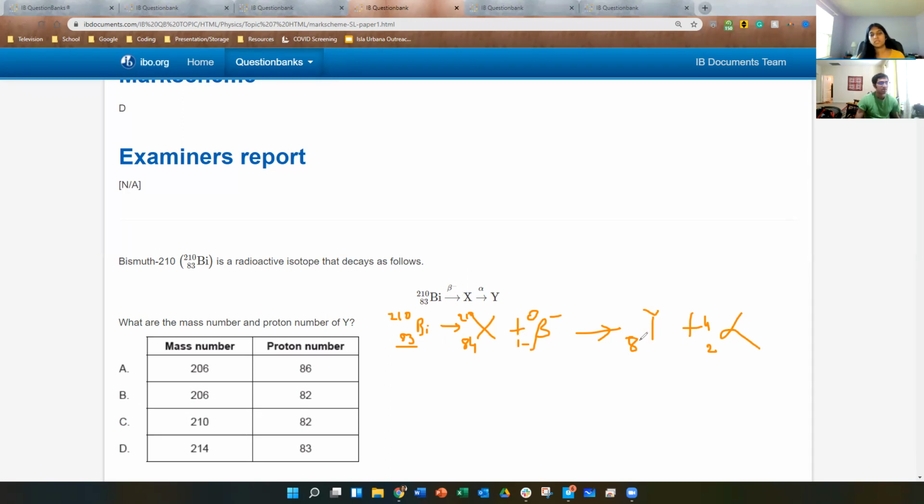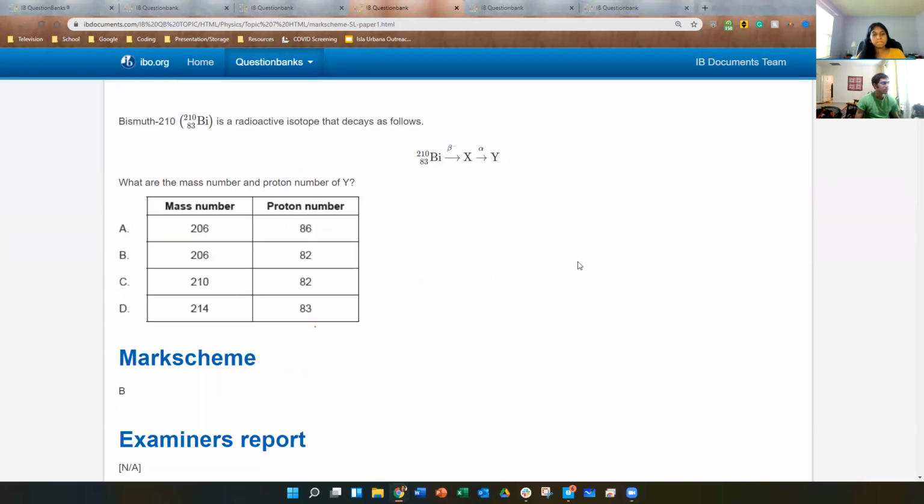So 82, and that's 210, right? So 210 minus 4 is 206 then? Yeah. That means we need 82 protons and mass number 206. B then. Yep, it's B.